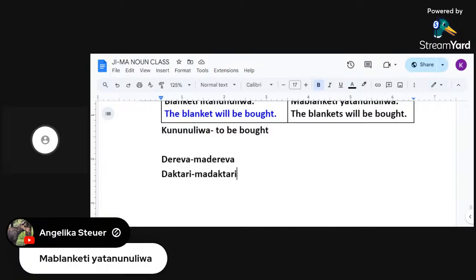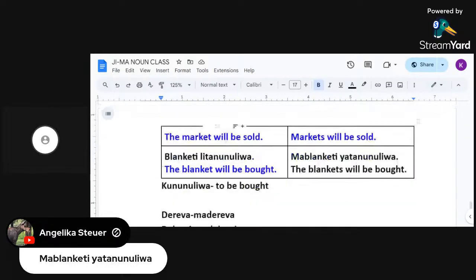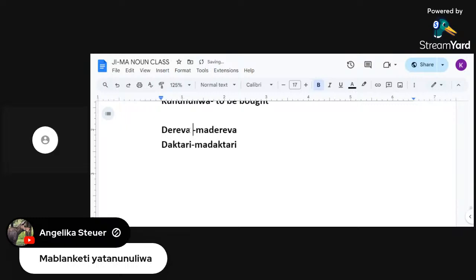But because these words are animate creatures, they are people, dereva is a driver, daktari is a doctor, they will not agree with this. You can't say daktari litasoma. You say daktari atasoma. The doctor will read. Or dereva atasoma, not dereva litasoma. So these words will fall into mua class and not jima class, okay?